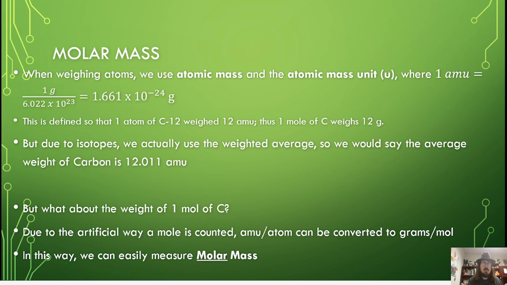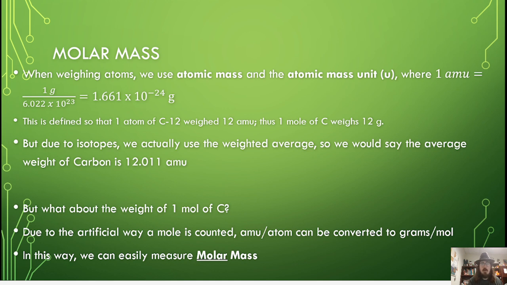Now, carbon 12 weighs a little bit less than the 6 protons, 6 neutrons, and 6 electrons that it has because of the intermolecular forces consuming some of the mass. So that's why a proton and neutron actually weigh a little bit more than 1 AMU. But we can't just say 12 grams on the periodic table because there are isotopes of carbon.